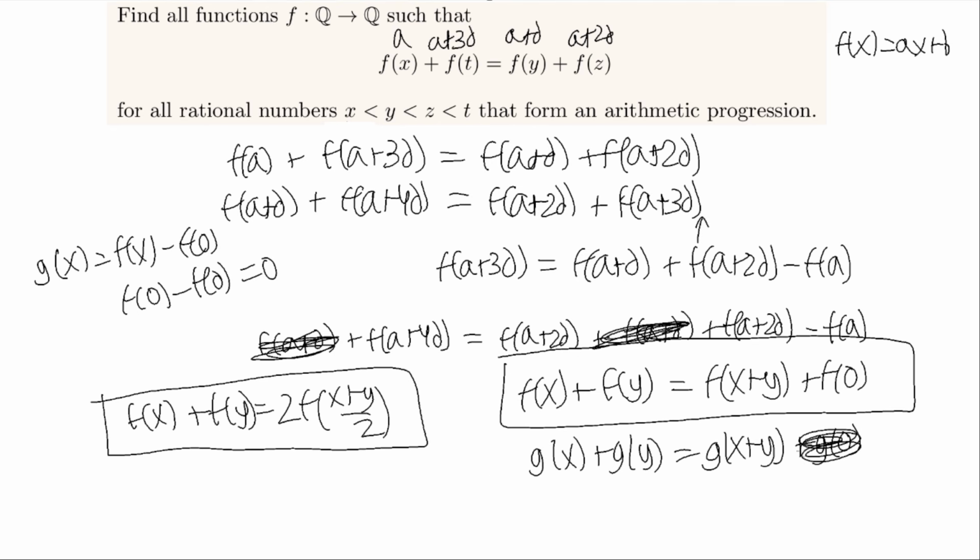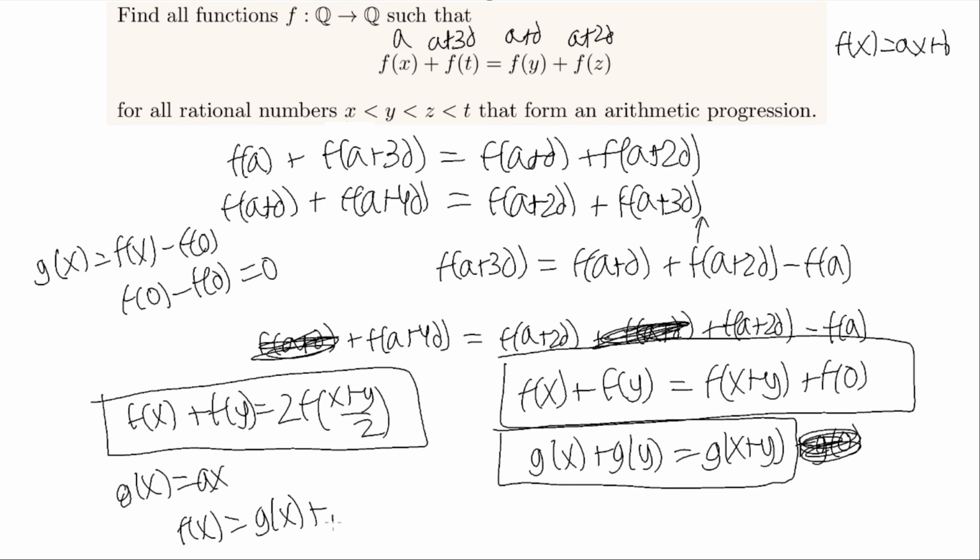So this term goes away. Aha! Now we have Cauchy's functional equation. And this means that g of x is equal to ax for some constant a. And then when we plug this back in, we get f of x equals g of x plus f of 0, which is ax plus b. And this finishes the proof.